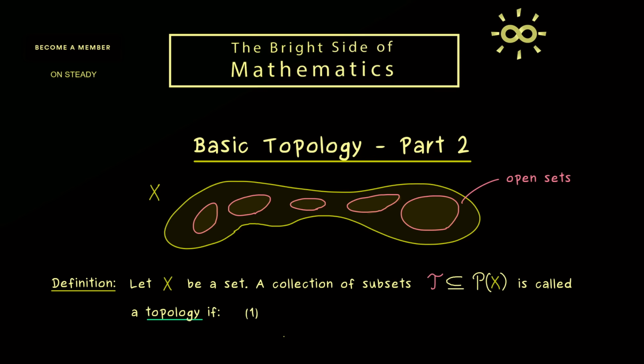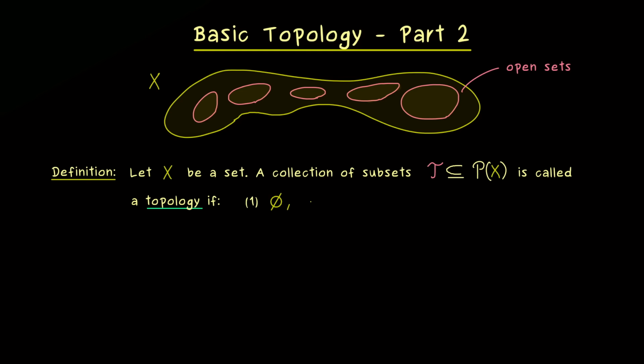And in fact we already know what they are because we have discussed these properties in the first part. First, the empty set and the set X itself have to lie in this collection. So this implies that a topology is never equal to the empty set, but it always contains the empty set as an element. So this is important to remember.